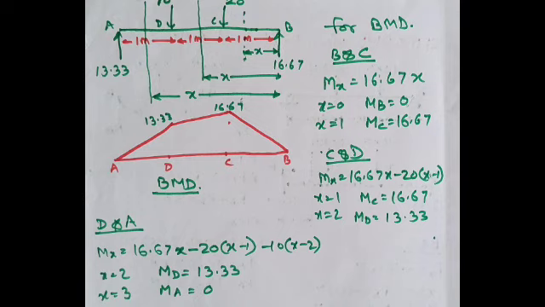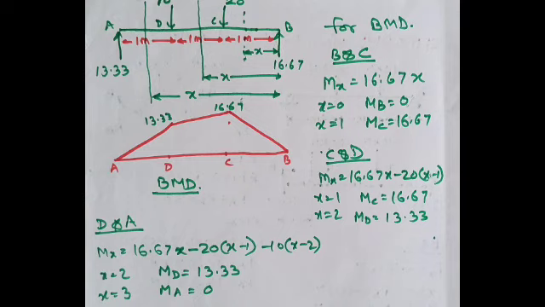Now take the last section between D and A. When we are at this section, we have three forces. 16.67 will rotate the body in the anti-clockwise direction, so it will be taken as positive, and 10 and 20 will rotate the beam in the clockwise direction, so their moments will be taken as negative.